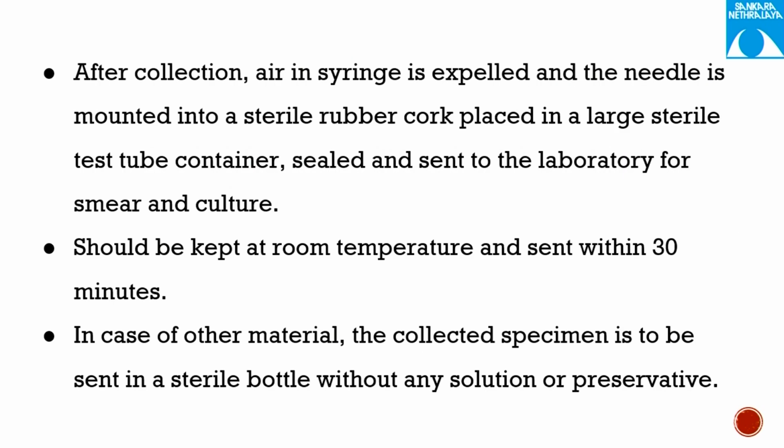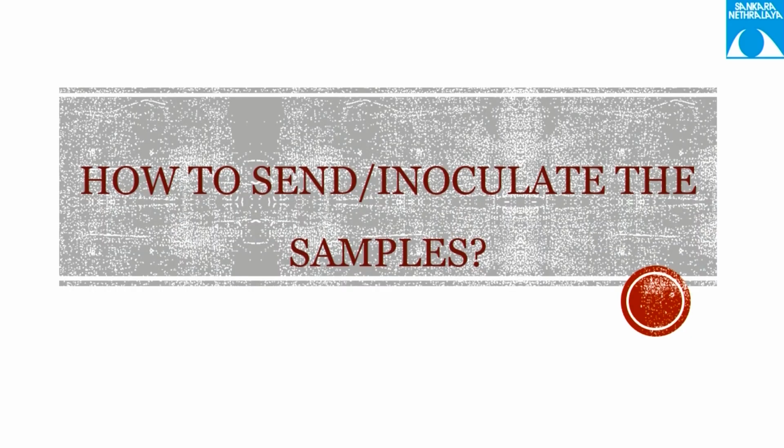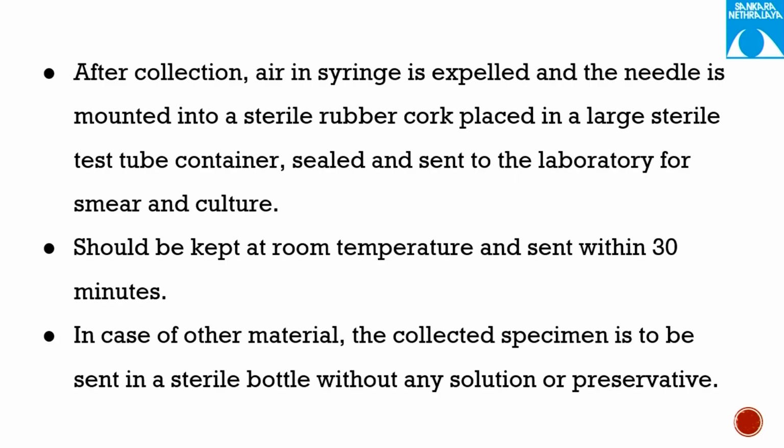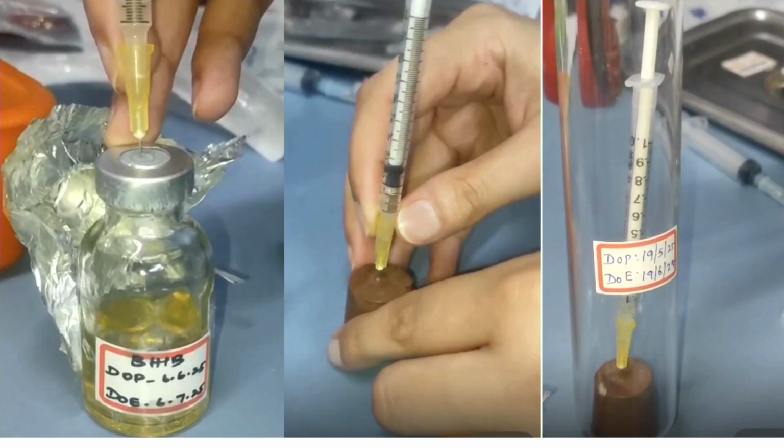How to inoculate or send the sample to the lab? After collecting, the air is expelled from the syringe, preferably, since we have seen it through a 30 gauge needle. After expelling the air, the sample is inoculated in a broth, and one drop can also be put on the agar plate.